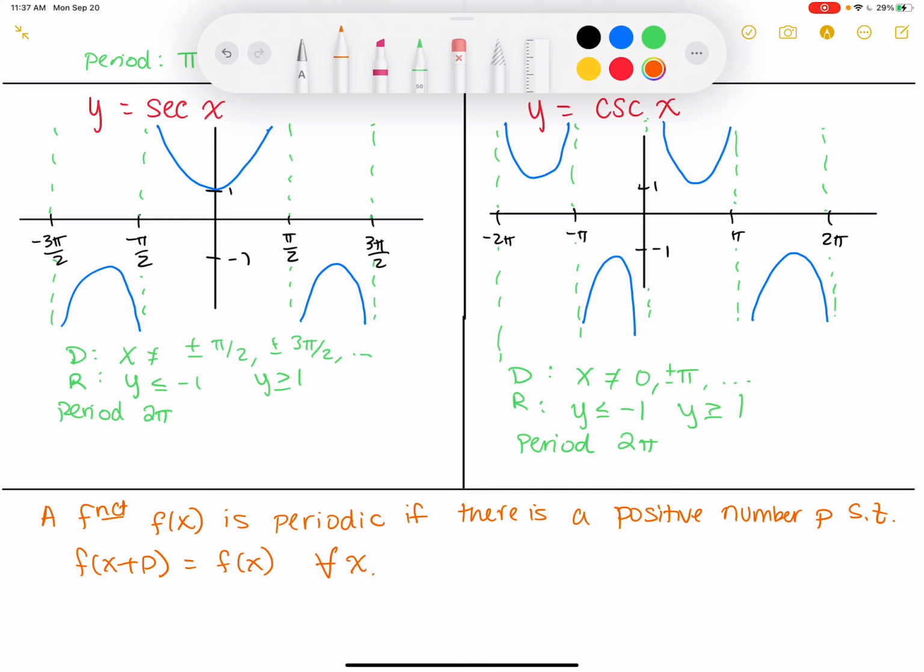Okay, that's what the upside down A is, for all. The smallest such value of p is the period of f.